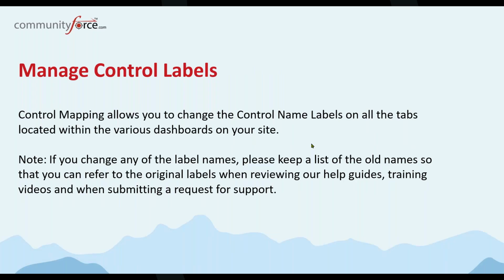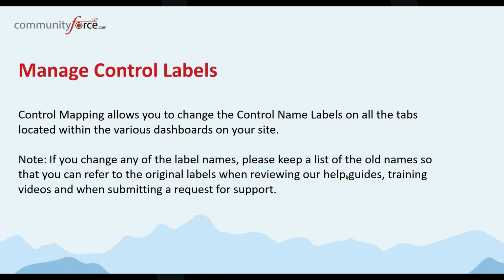If you change those names when you enter a support ticket and you've changed it to something else that you use, we're not going to know what you're talking about. So always make sure to make note of what the original labels were, so that when you're talking about a specific area on the site and you've got it called something for your processes, we don't know what that is, make sure that you address it as what we had it called originally.